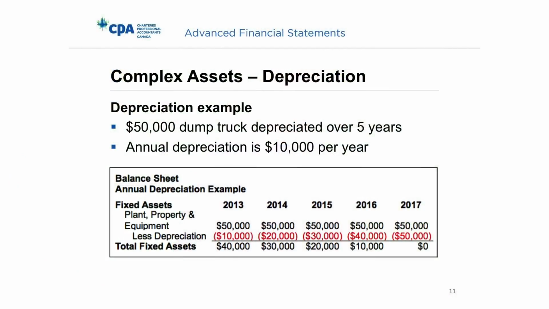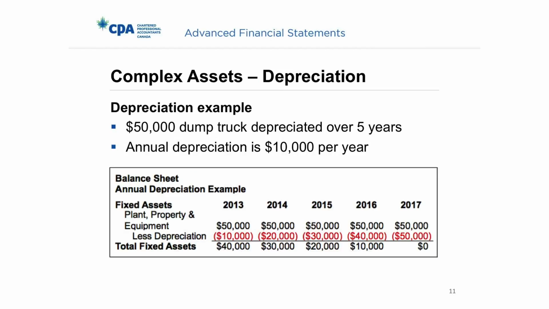Depreciation is when you are depreciating a fixed asset, so property, plant, and equipment, whereas amortization relates to intangible assets, and it's the reduction of those particular items. So think about it, fixed assets are depreciated, intangible assets are amortized. So let's take a look at the next slide to look at an example.